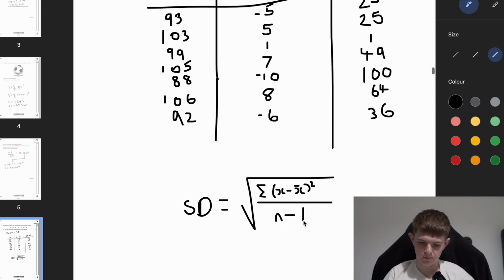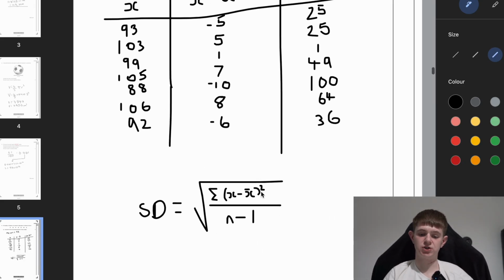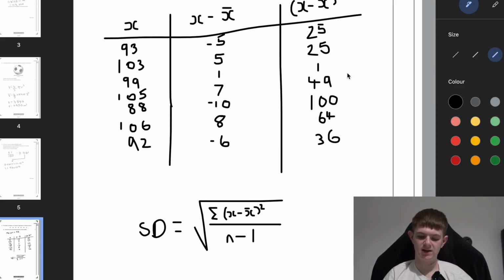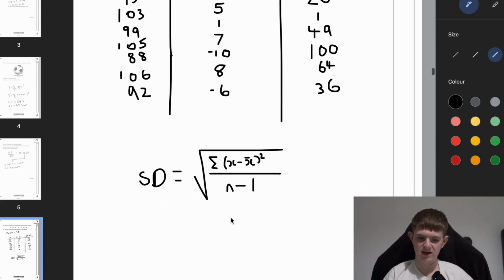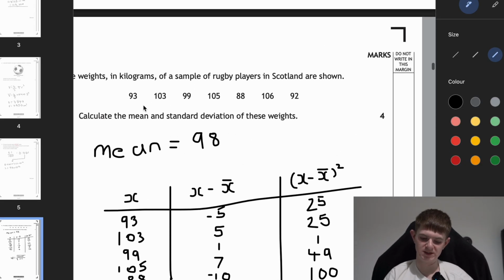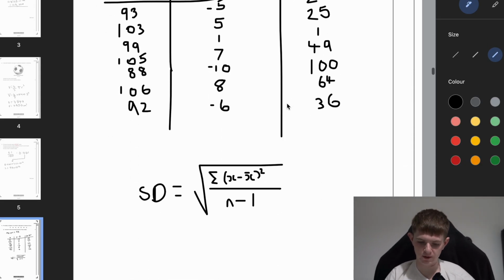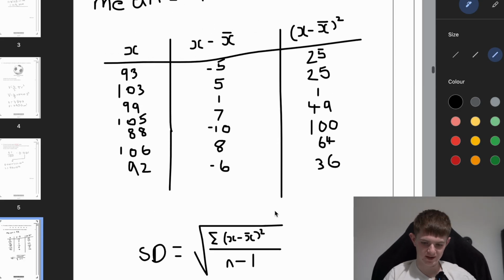So the sum of x take away x bar squared is literally just all these numbers added together. N represents how many numbers there are, so we know that it's 7, and then you take that away for 1. So I'm going to use my calculator here to figure out what that last column is.